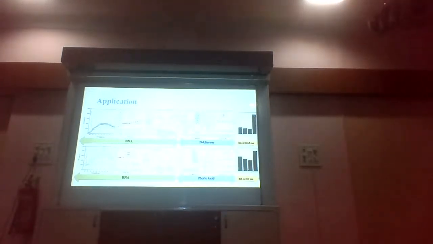These are the Stern-Volmer plots, which also show a well fitted Stern-Volmer plot. Then this is the equilibrium binding equation, from which n is the number of quantum dots bound with the DNA.